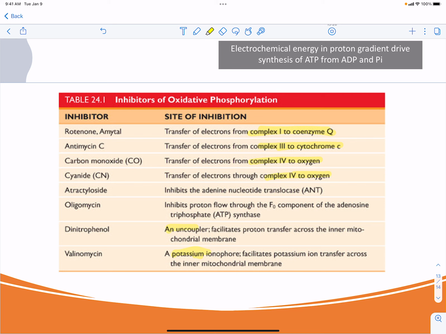We have atractyloside, which is going to inhibit the transport of your ATP and ADP, so it inhibits that translocase on the inner membrane. And then we have oligomycin, which is going to inhibit the flow of the protons through the actual ATP synthase.